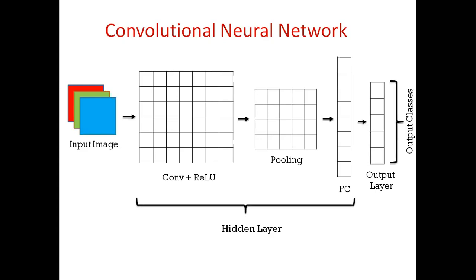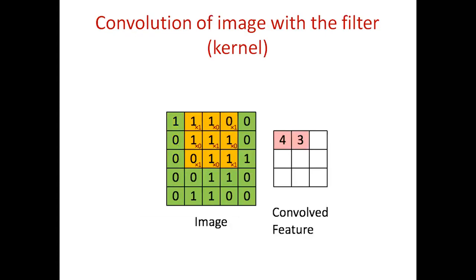In the next slide, I have shown the convolution mechanism, how exactly it happens. You can observe now, whatever small things you see inside these squares are the filter coefficients, sometimes 1, sometimes 0. So this is the convolved feature.